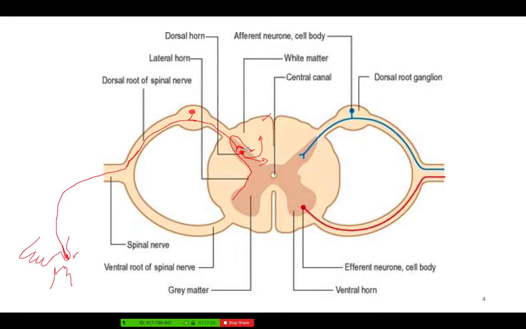Okay? So if I'm telling you that all the sensory information is here in the dorsal horn, what is this whole ventral horn for, right? We haven't said anything about the ventral horn. So ventral horn, this is more towards the front of the body, and this is going to have a nerve cell that is going to travel out of the spinal cord.